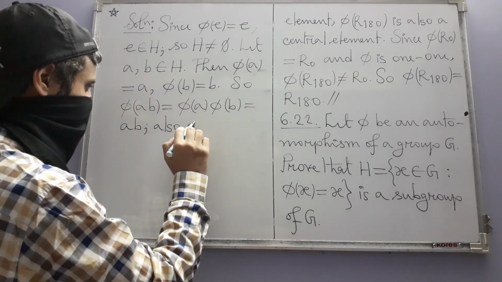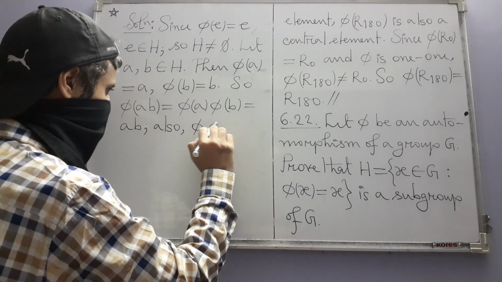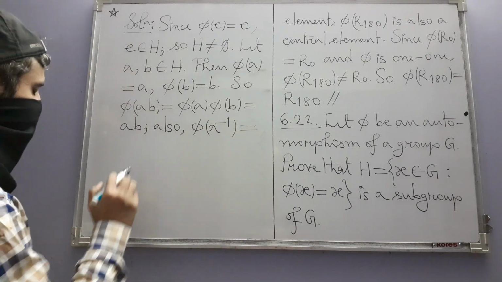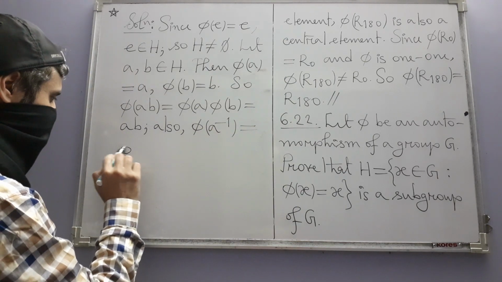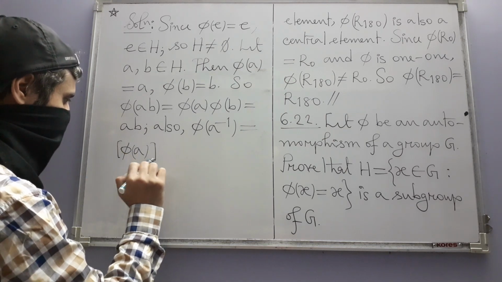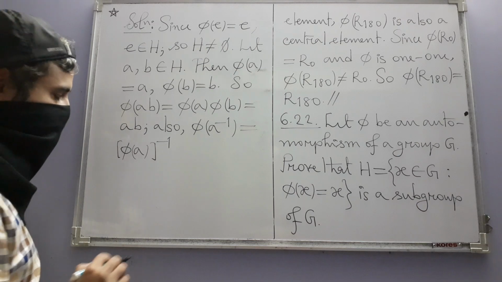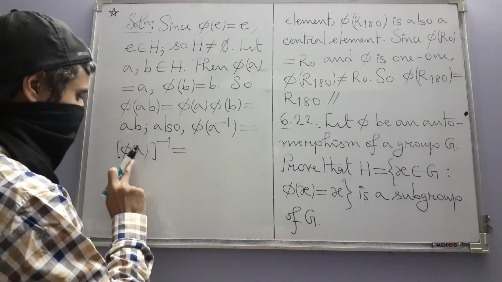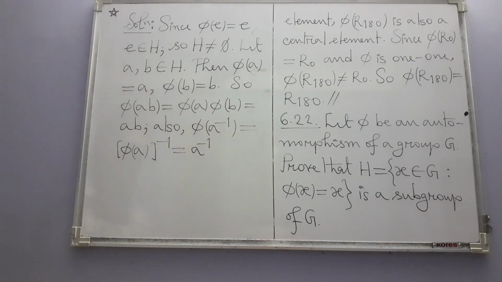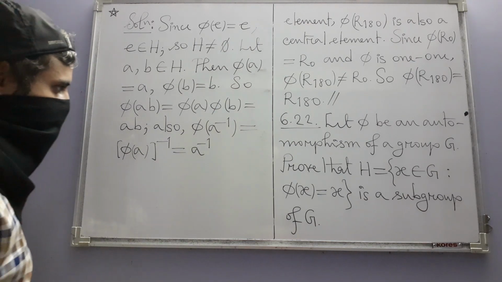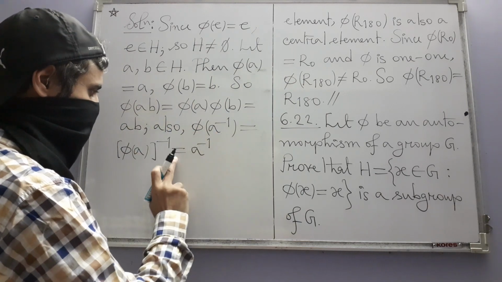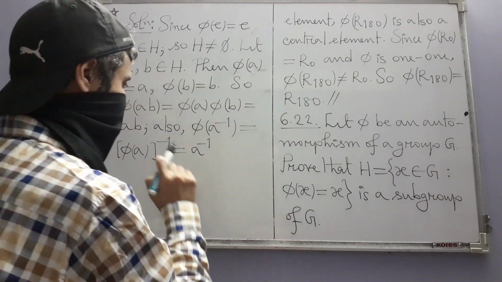Also, what is the phi image of A inverse? Since phi is an isomorphism, this is the inverse of the phi image of A. This is also one of the properties of an isomorphism. But this thing is A itself, so it's the inverse of A. Phi of A is A, so A inverse. So AB as well as A inverse are unchanged under phi.